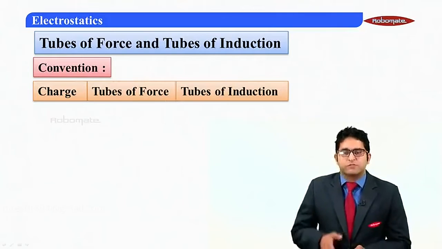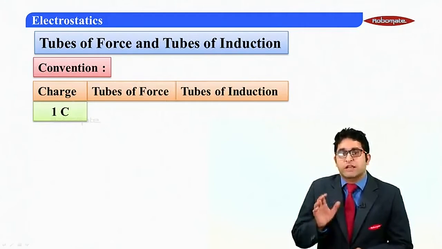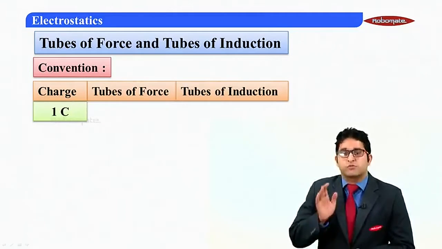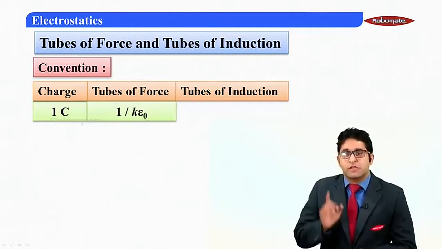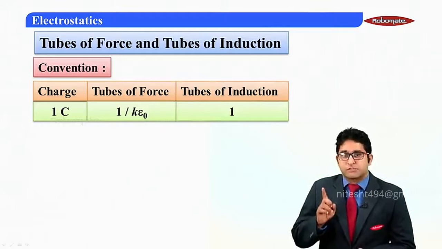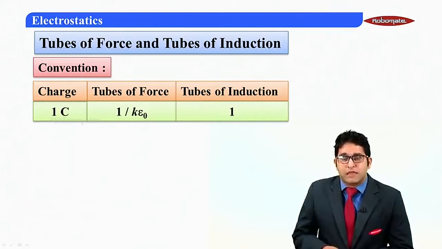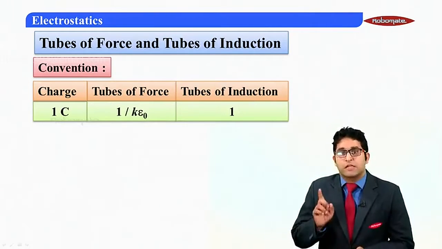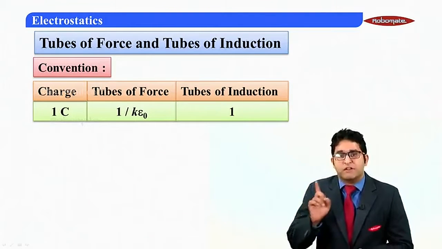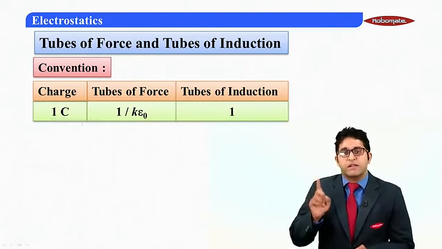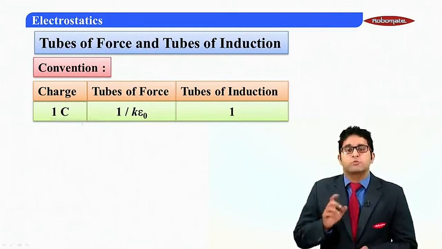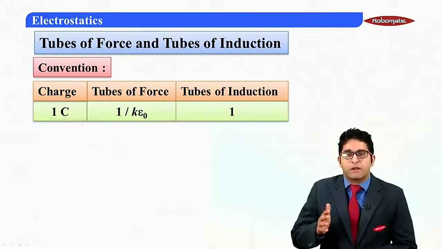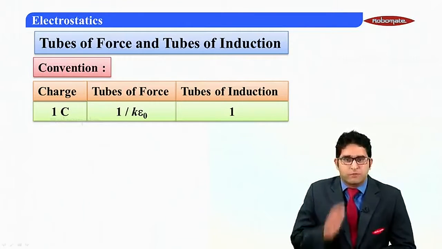If the value of charge is 1 coulomb, then the tubes of force coming out of it is 1 upon k epsilon naught, and tubes of induction coming out is equal to 1. Right? Now students, do you remember we have already learned that tubes of force depends upon the permittivity of the medium, or rather the dielectric constant of the medium, whereas tubes of induction does not depend upon the nature of the medium.